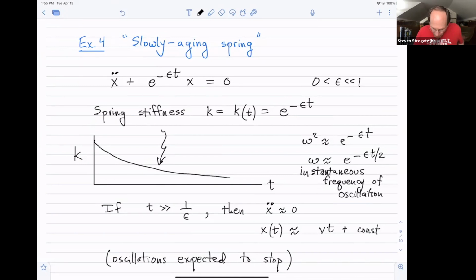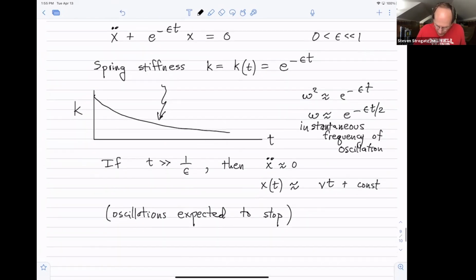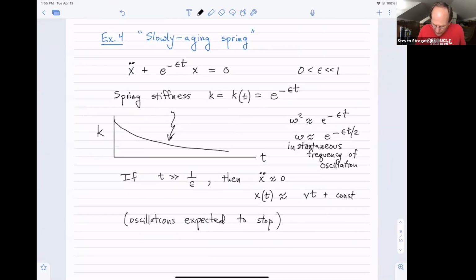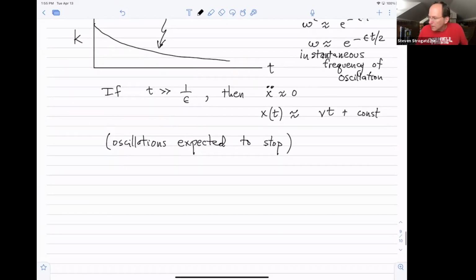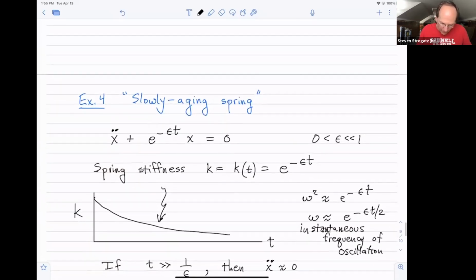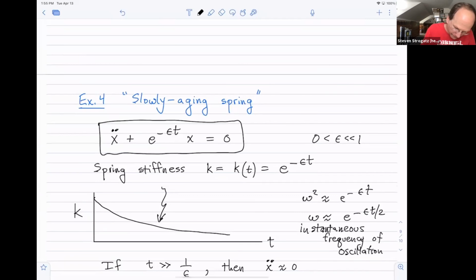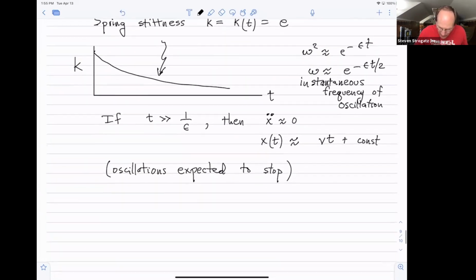All right, so those are a bunch of things we could say without knowing any perturbation theory. But now let's see what we can do with our technology. How are we going to approach this? Here's our equation. You'll notice it does not, at the moment, look like any equation we've talked about. It doesn't have a small epsilon in front of the highest derivative. But we can get one there by changing the time scale.